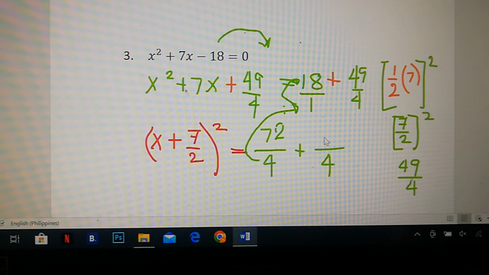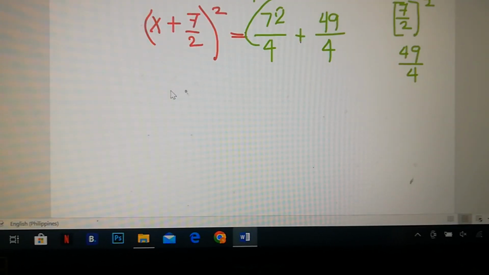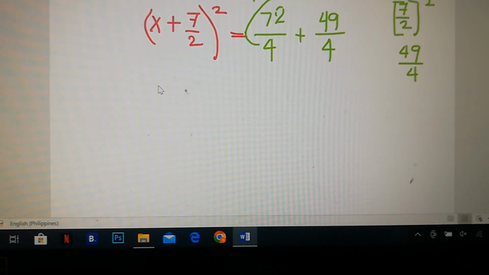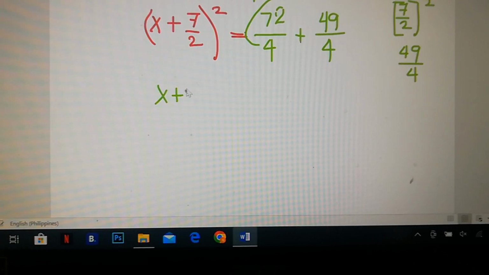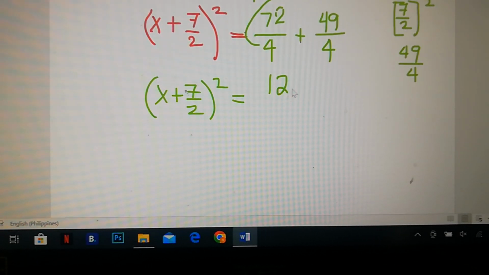Then copy 49 over 4. So (x plus 7 over 2) squared is equal to 121 over 4.